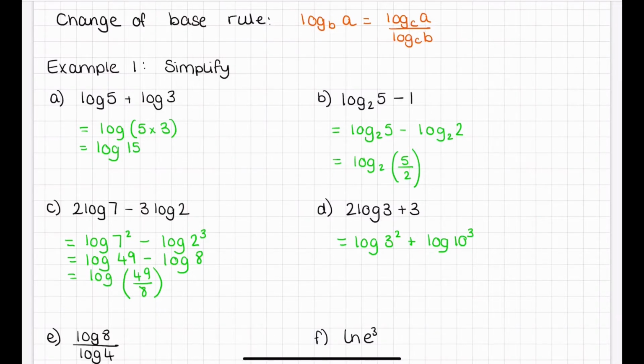And the reason we do that is, I'll do an intermediate step here, if we write 3 log 10, so log base 10, 10 is just 1, which is 3 times 1, and then that third rule, we can take the 3 to the power. Then we can just simplify this. So we'll have log 9 plus log 10 to the power of 3 is 1,000. So this will equal log of 9 times 1,000, which is a log of 9,000.